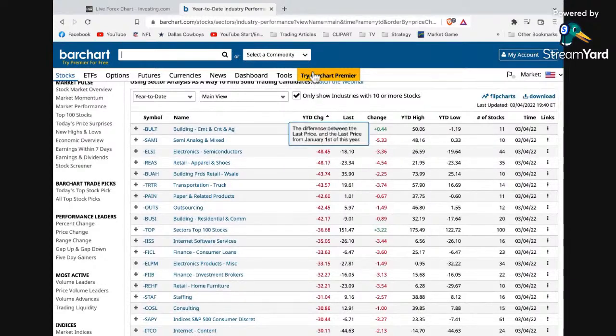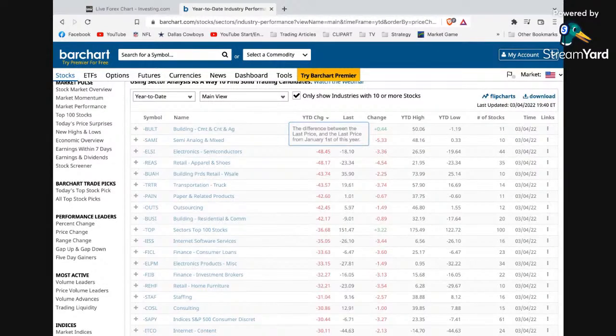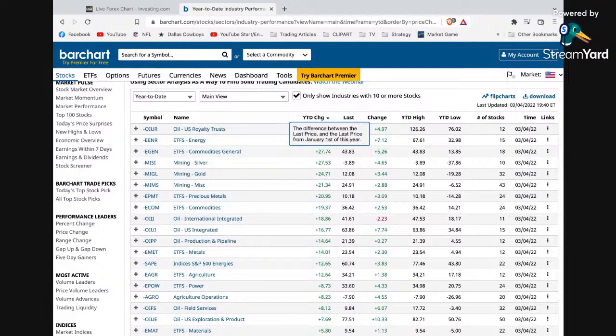And this is the reverse. I wanted to see the winners since the beginning of the year. I trade ETFs. My focus when I'm investing is industry based, because sectors and industries drive the market, not individual companies.